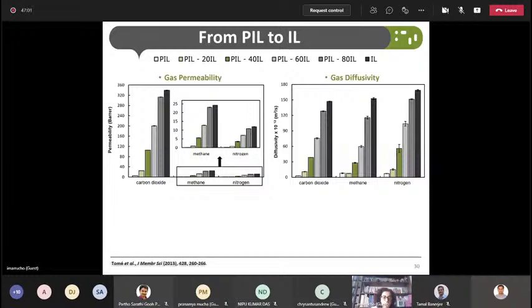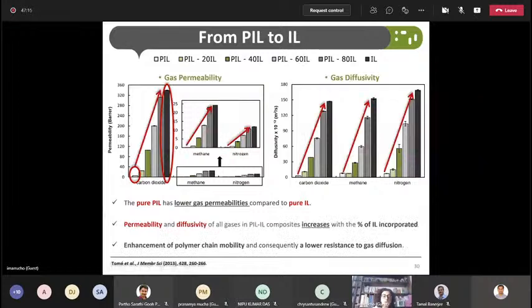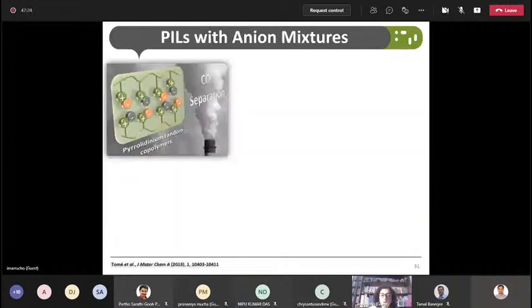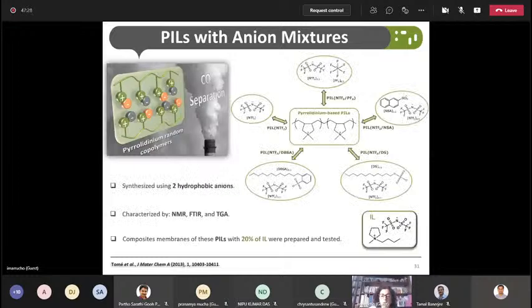Okay, and this is what I told you, that they increase with ionic liquid incorporation, and this leads to a lower gas resistance to diffusion. Okay, so in another attempt, what we did was to use mixtures of anions, just like we did before. So here we used some fluorinated ionic liquids also, NTf2, and the rest are different anions.